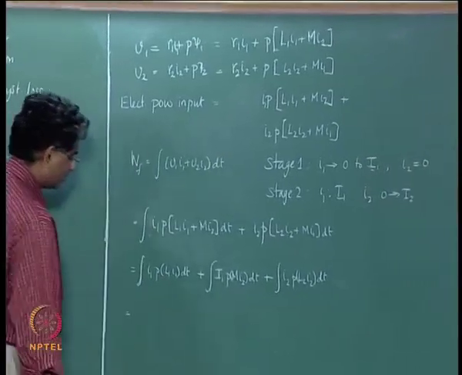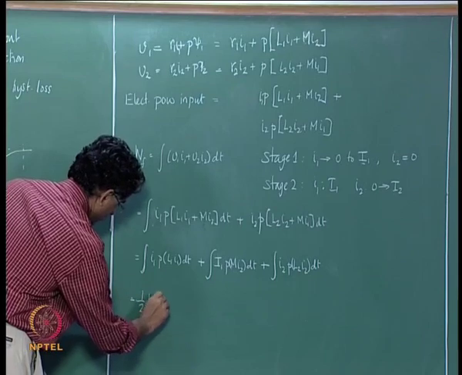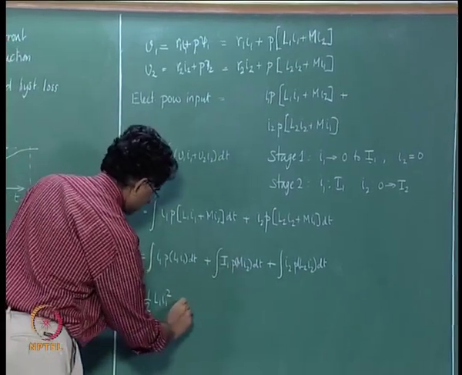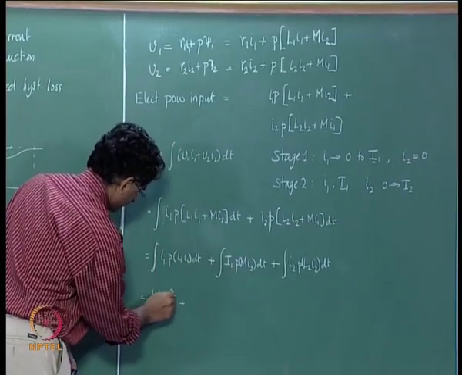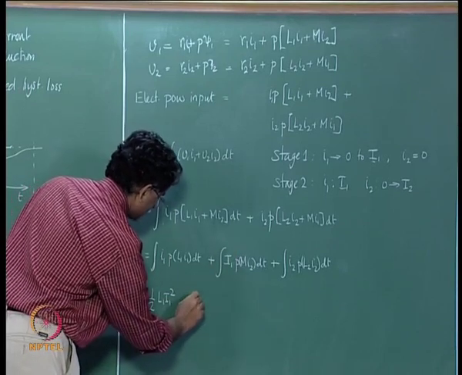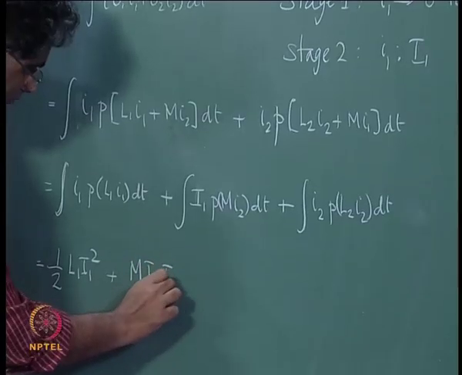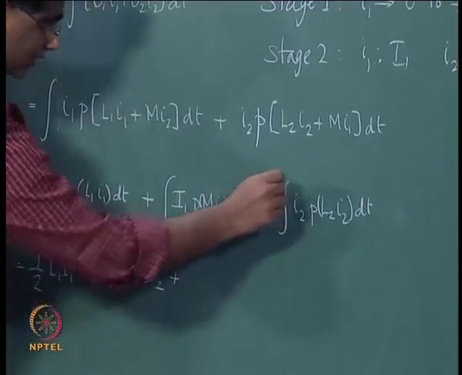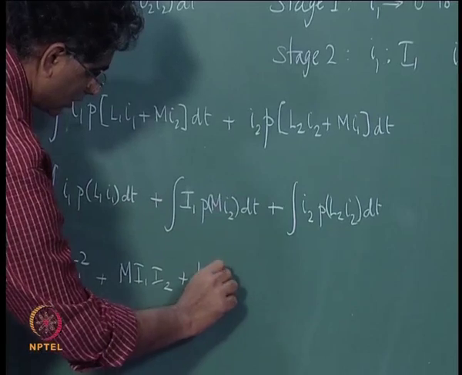So this then gives us half L1 I1 square, this then gives us, I1 is capital I1 here, M I1 I2, and the third expression gives us half L2 I2 square.